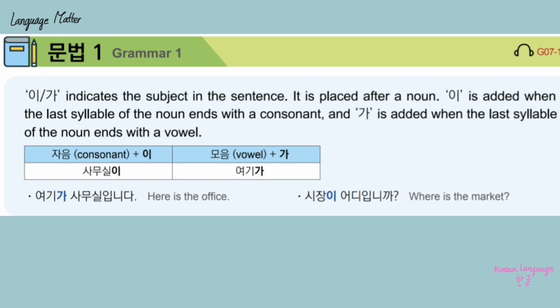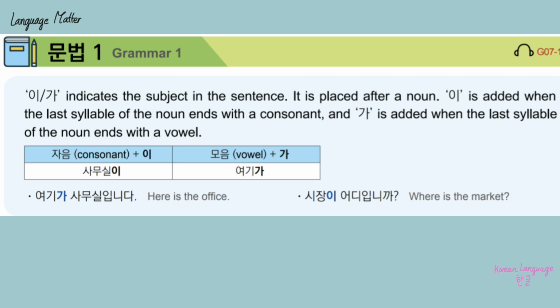Now let's try one more example. 시장이 어디입니까? Where is the market? Okay, great. Did you see 입니까? Good. And what's this question about? Where the market is.